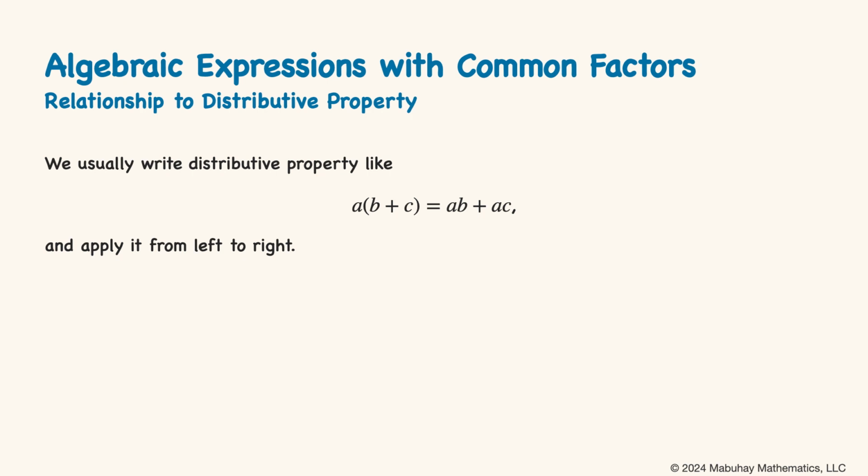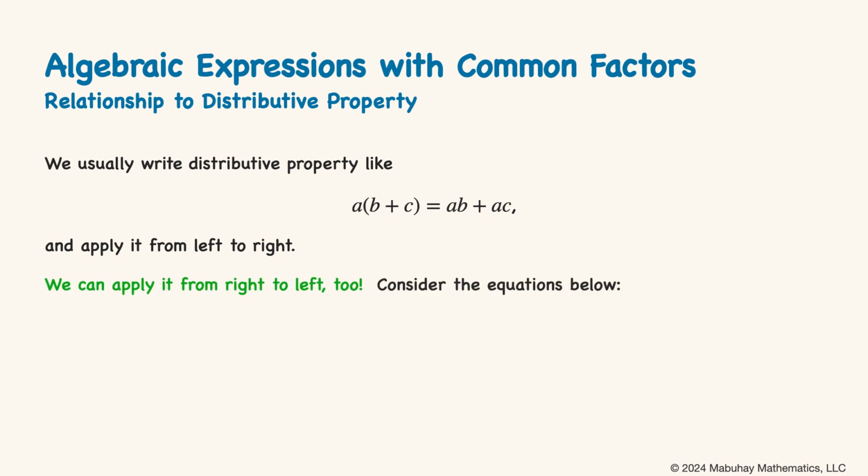But equations work in both directions, meaning we can use the distributive property from right to left instead. So take a look at this equation. This is just the distributive property reflected over the equal sign. In this form, we can see A on the left as a common factor.